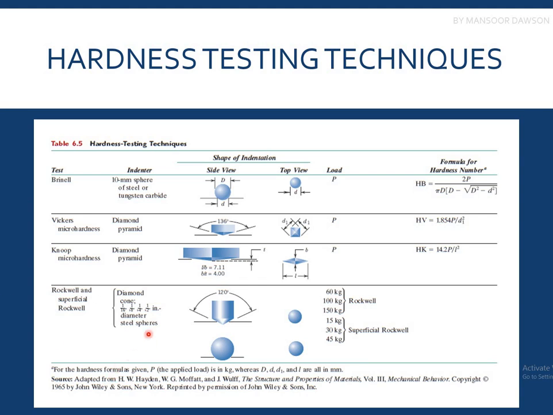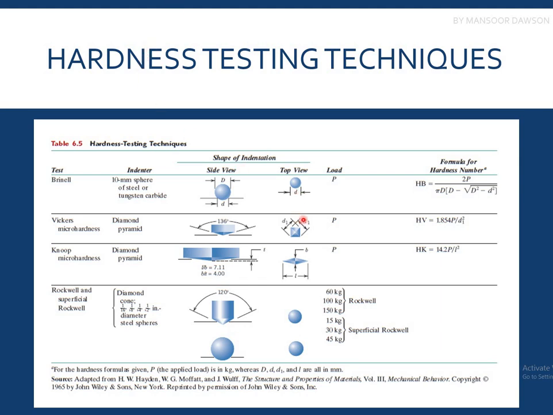In Rockwell and superficial Rockwell, you have basically a cone shaped diamond indenter, and in the superficial Rockwell we also have steel spheres with different diameters. So for a higher load we use this diamond cone, but for low loads like 10 kg, 15 kg, 30, 45 kg, we use these spheres.